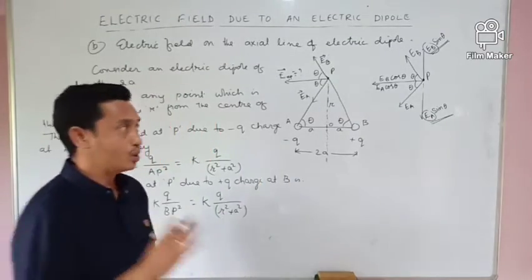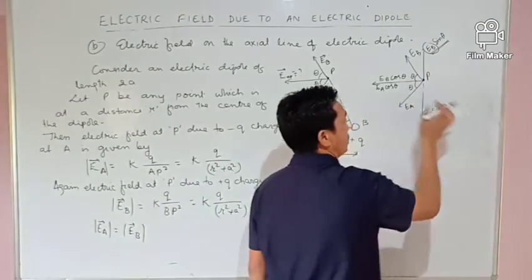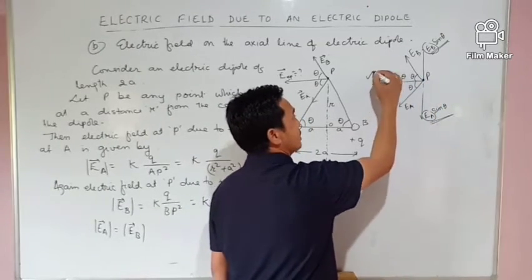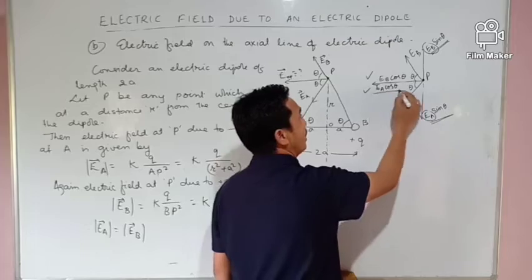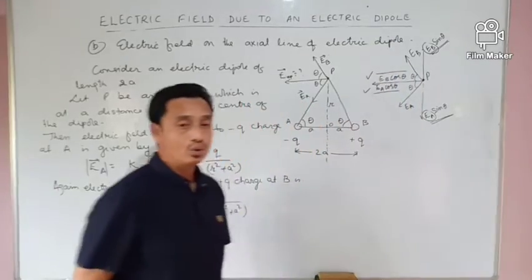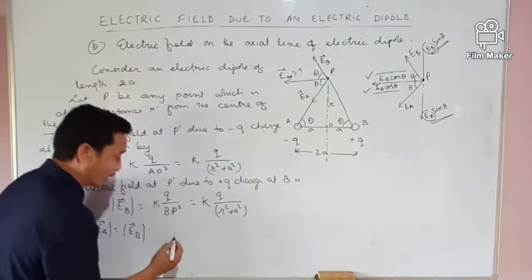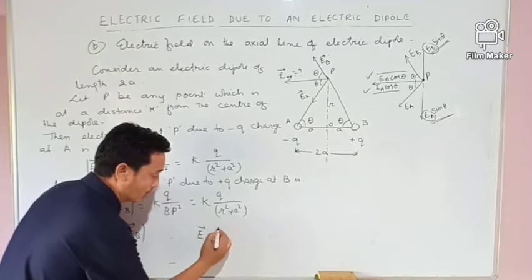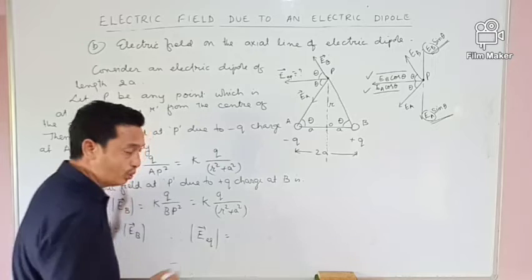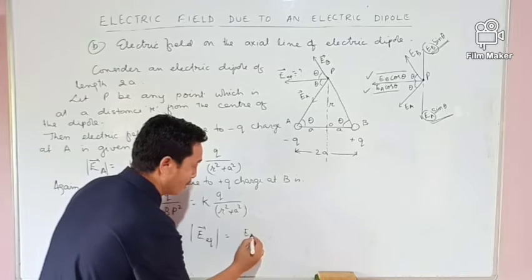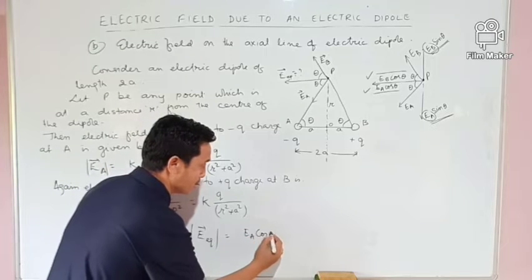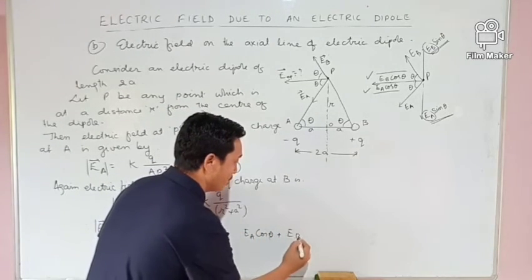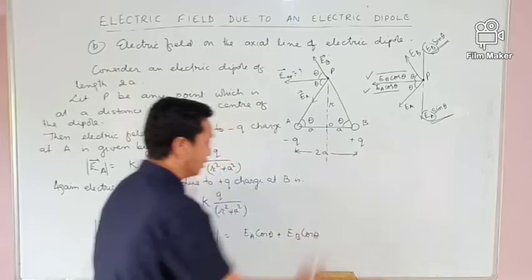Since these two cancel out, the net electric field at this point P will be the sum of EA cos theta and EB cos theta. Therefore, the electric field on the equatorial line is equal to the magnitude of EA cos theta plus EB cos theta, the two components.